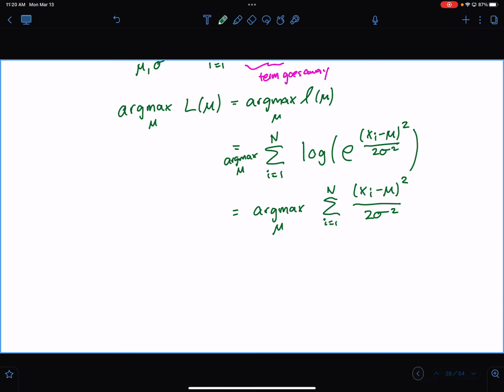And what should we do next from this expression? Yeah, great. So we can pull out the 1 over 2 sigma squared. This is actually also just a positive constant.